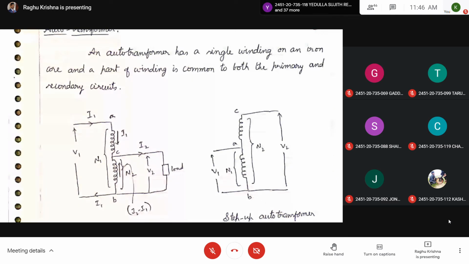That means the transformation ratio is near to 1, about 1.3. When the transformation ratio is near to 1, an autotransformer has many advantages over a two-winding transformer. The first one is we can save the weight of the copper.